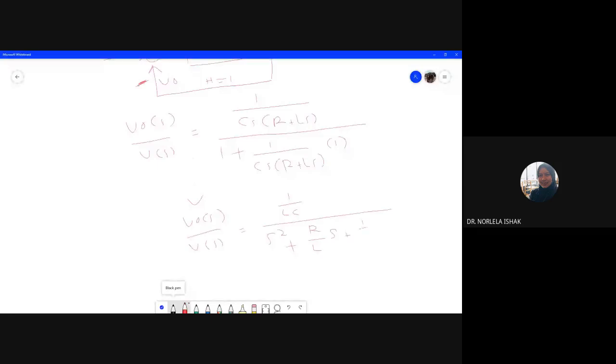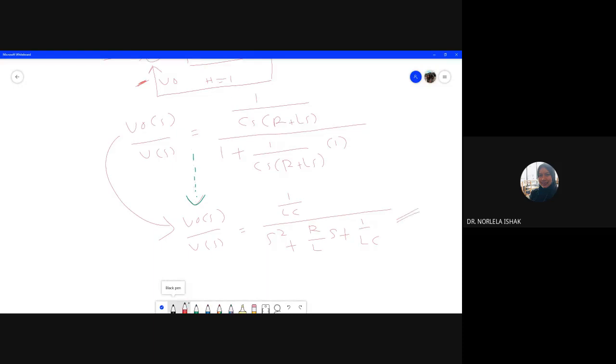Okay, this is the solution or the answer. From here to here, what do you do? You simplify the equation until you can get the last equation.